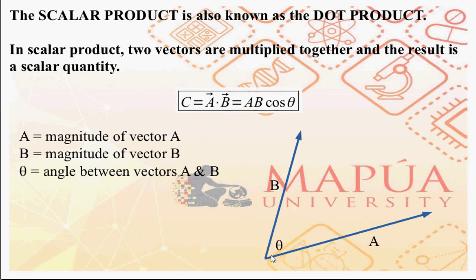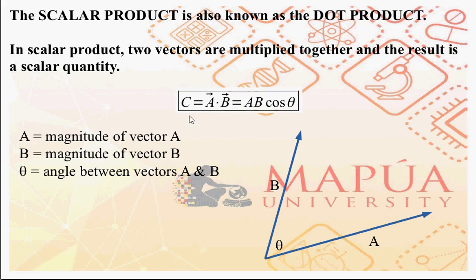If you connect their tails together, you'll be able to get the angle between the two vectors. Okay, the angle of orientation between the two vectors. Angle theta.